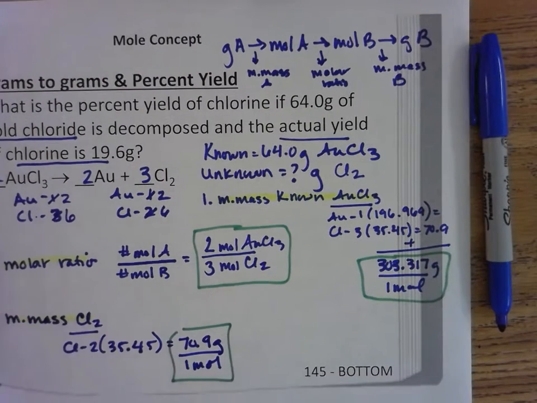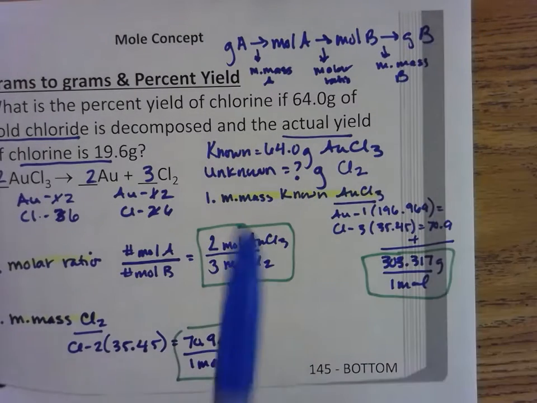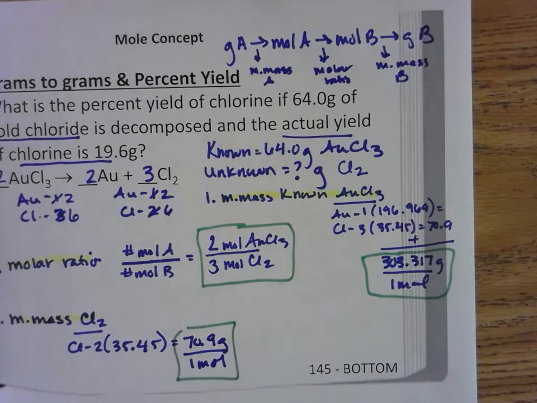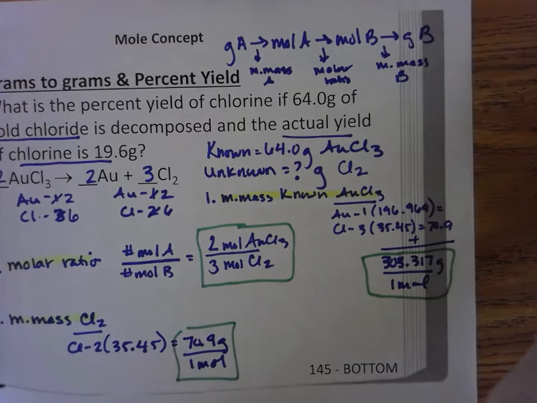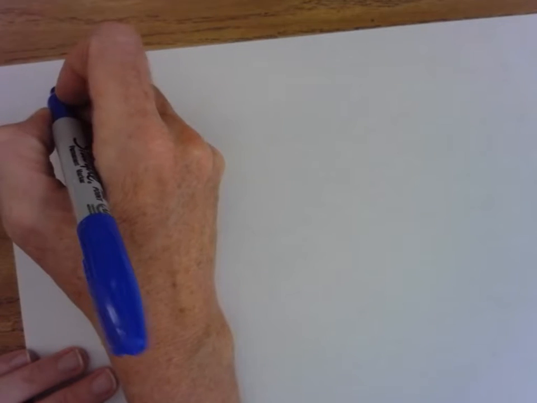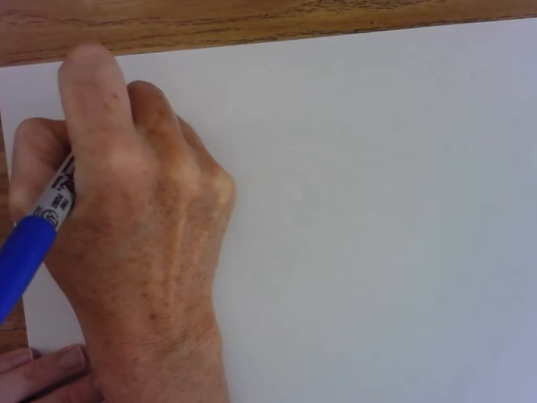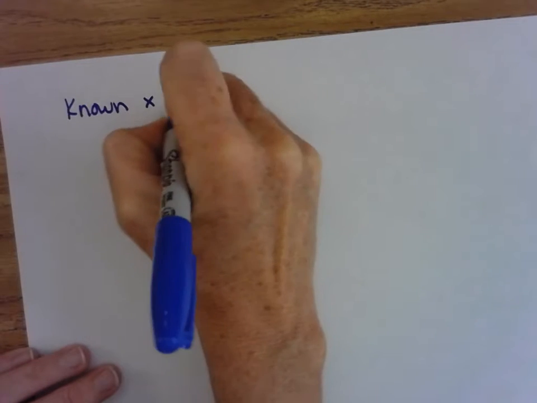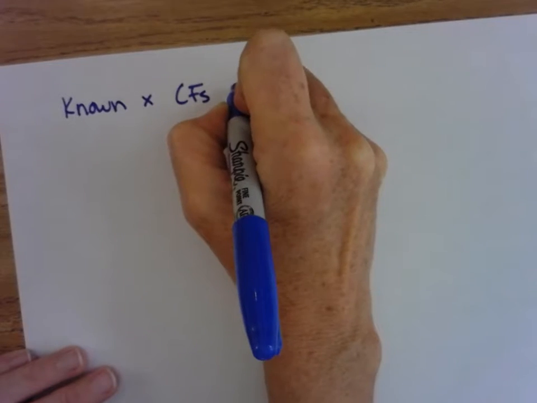Okay, so these are the things that I need. So now I'm going to do the three-step stoich. I'm going to take my known and multiply it times conversion factors, and I'm going to get my unknown.